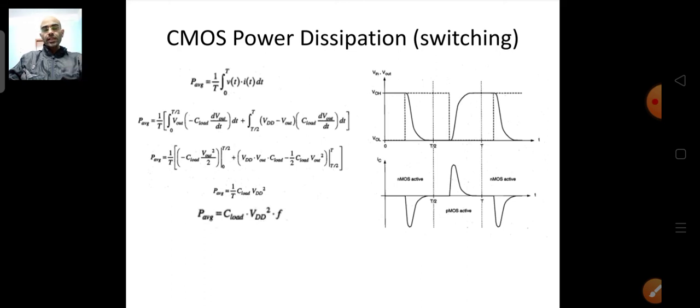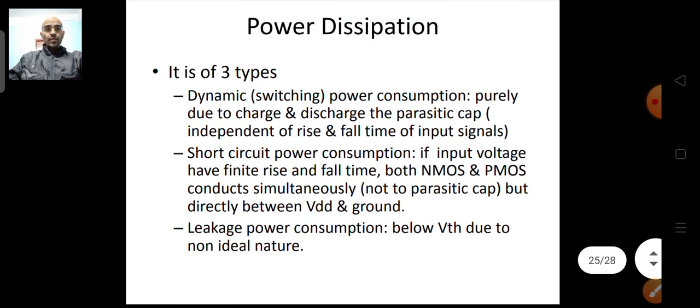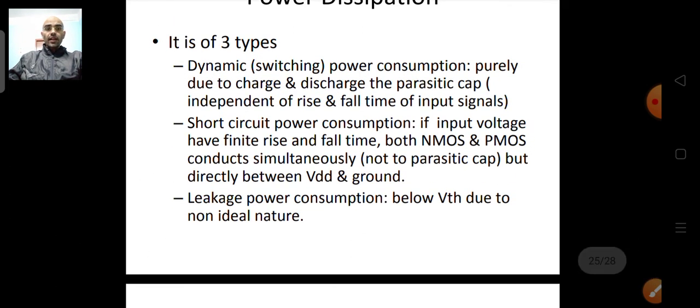If there is no leakage current, no issues, zero static power. In the previous slide you can see that you can divide the total power dissipation into 3 forms. I am talking about the total power dissipation here, not only the switching power dissipation as well as the DC static power dissipation. In all, there are 3 types of power dissipation.